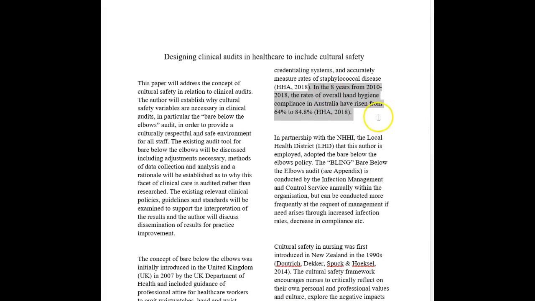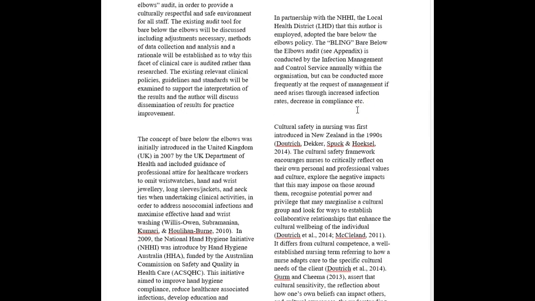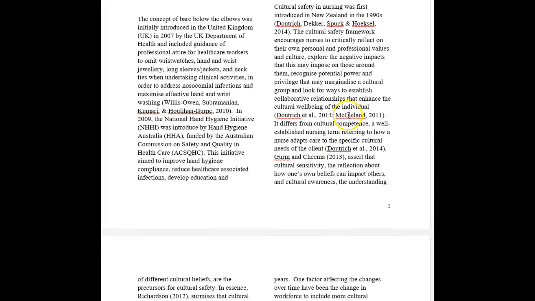Then there's a discussion about hand hygiene compliance, which is important. This is looking at increase infection rates and that kind of thing.